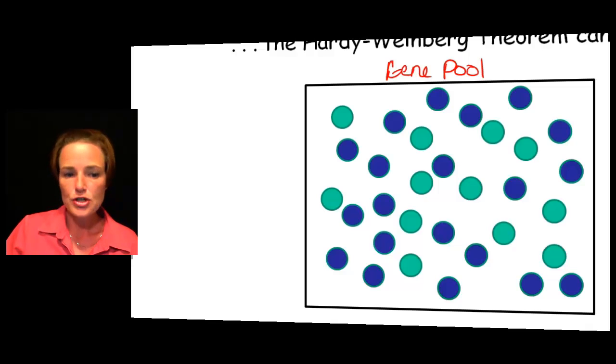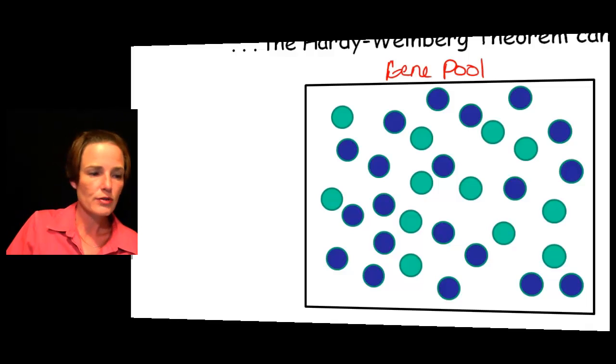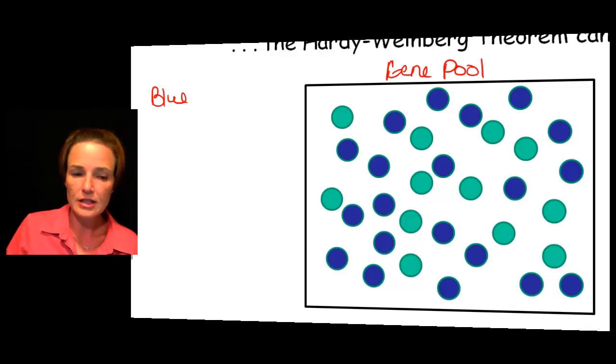So notice in this picture, we've got some blue or purple dots or alleles, and we've got some green ones. So we can calculate an allele frequency for these different dots. So if we talk about the blue ones, keep in mind that if we're calculating allele frequency, we have to add all of these up.